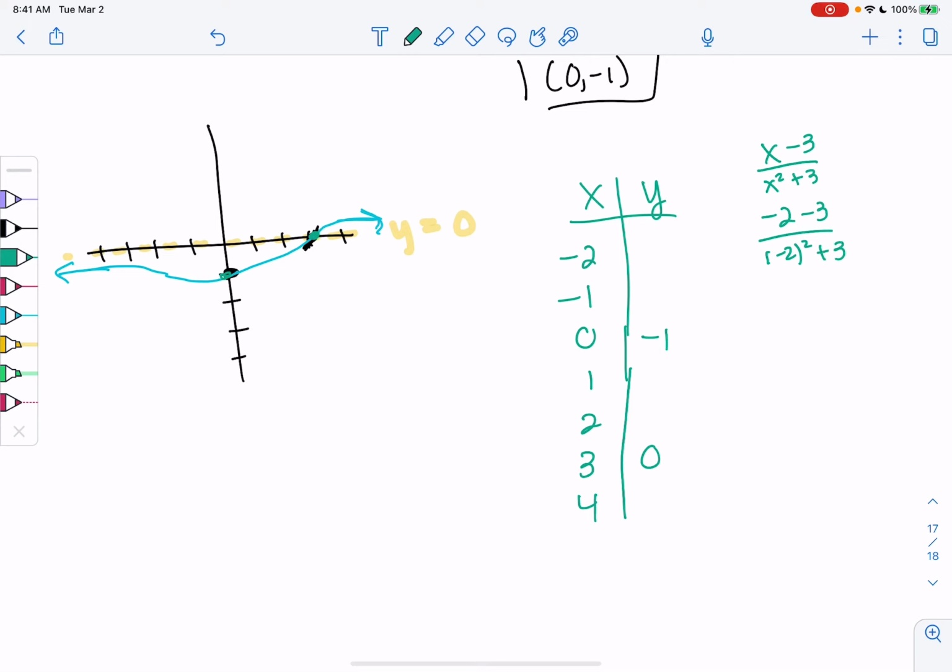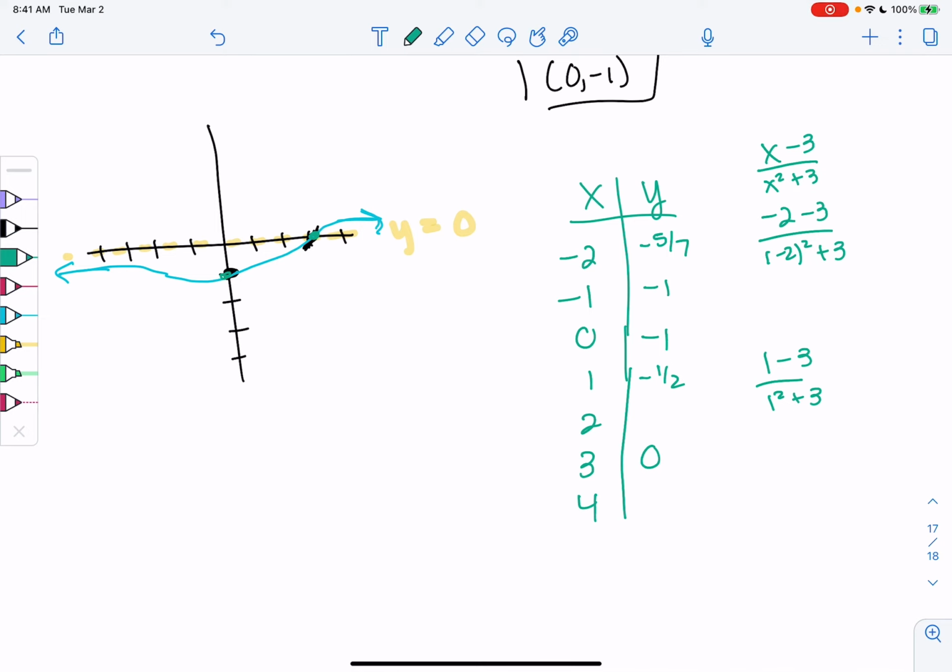So negative 2, we get negative 5 over 7. Negative 1, again, do these without me because this is homework. We get negative 4 over 4, which is negative 1. For 1, we get maybe negative 1/2. Again, I'm not doing this to show you.